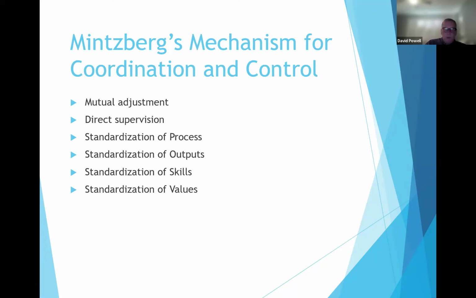Then there's a fourth approach known as standardization of work outputs. Work outputs are programmed in advance by providing each work group with product specifications or performance goals and allowing members considerable latitude in determining how to achieve them. Control is exercised by collecting output data, requiring corrective action when needed, and rewarding and sanctioning workers based on results achieved. One of the theories that we're going to talk about in this class is quality management.